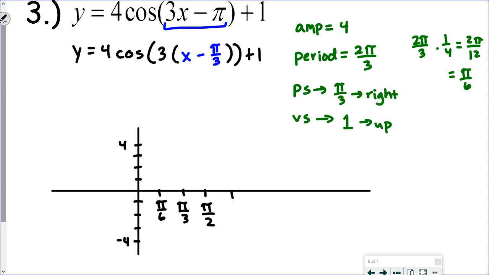And then 4 pi over 6 is our 2 pi over 3. So my fourth one should match the period. All right, so this is cosine. So I start up here, and here, and then here, here, here.